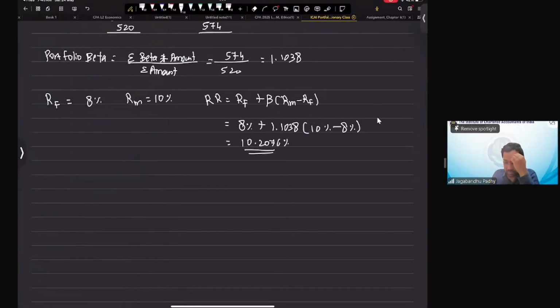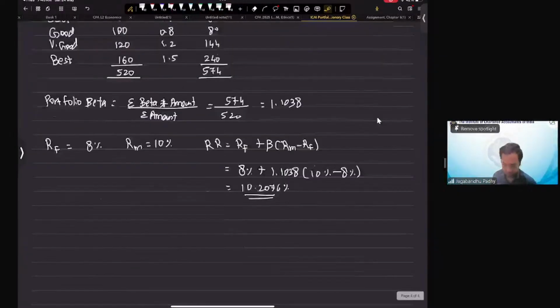Risk-free rate is 8%, return on market is 10%, required rate of return is 10.2076%.